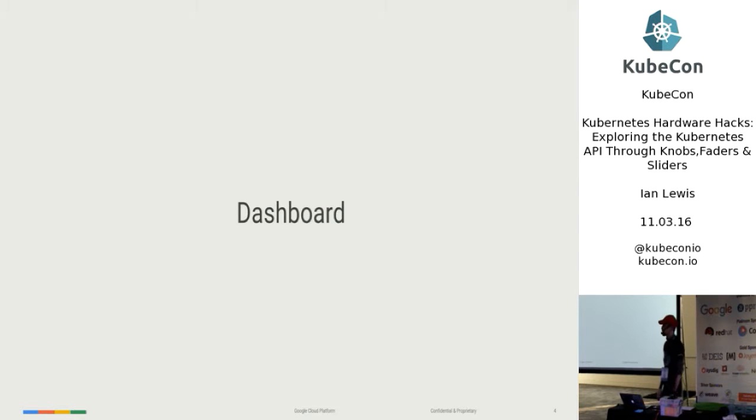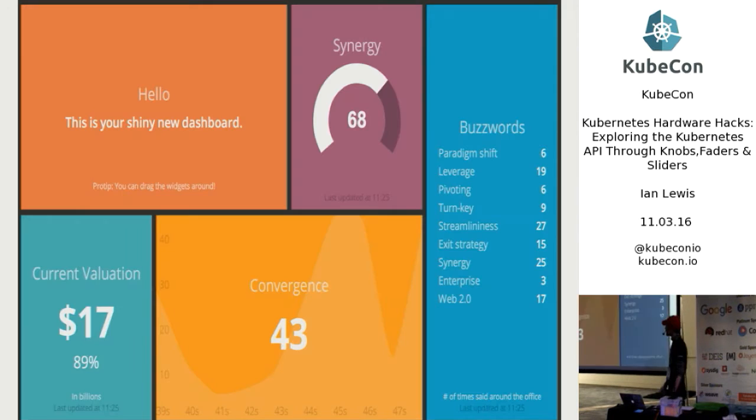So what do we actually think of when we think about a dashboard? Something that tells you a lot about the important information that you want to see for any type of thing. Software people, which I think most of us are, think about dashboards as something like this, right?